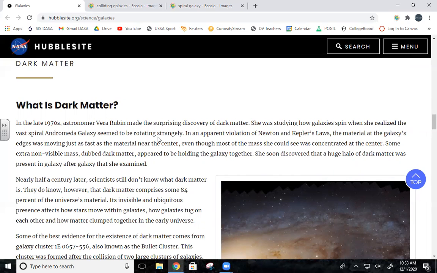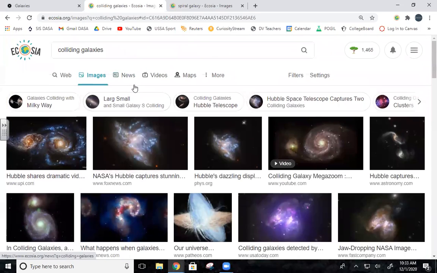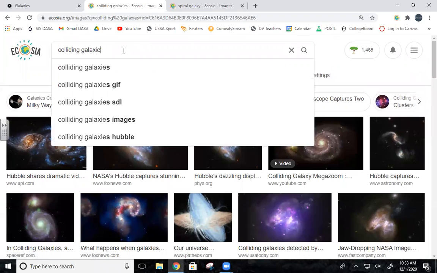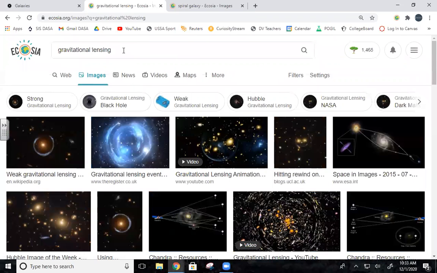And this makes one of my very favorite things, and it is called gravitational lensing. We talked about this a little bit when we talked about black holes. But this is some wonky stuff.